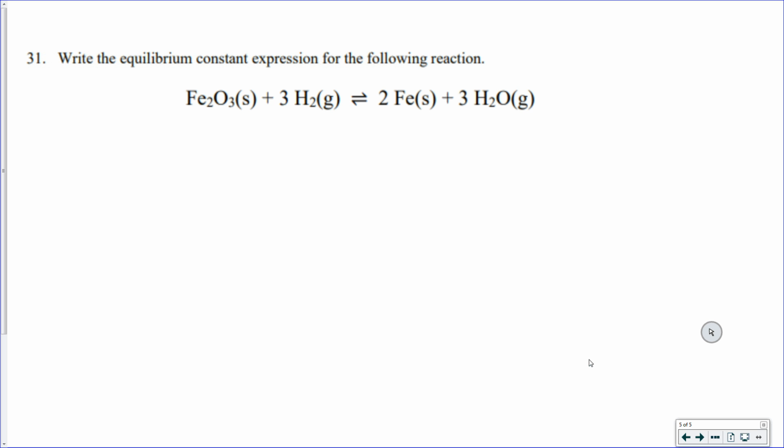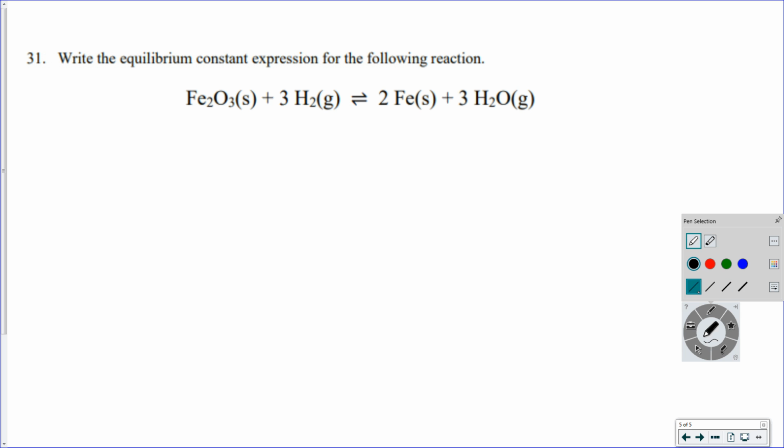It's certainly easier than what we just did. Remember, it's products over reactants raised to powers of the stoichiometries.